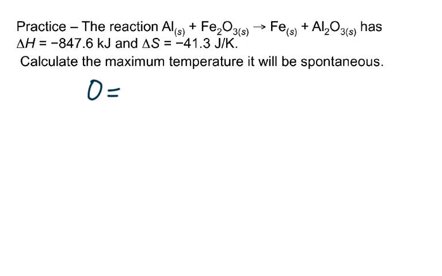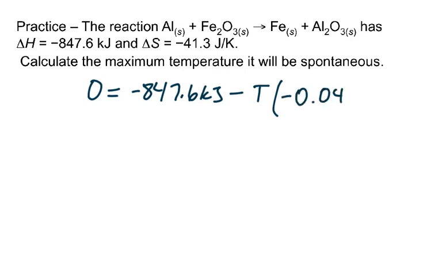And then overall, it will be spontaneous when it's just slightly less than whatever temperature I calculate. So 0 equals negative 847.6 kilojoules minus T, whatever that is, times my delta S, again, negative 0.0413 kilojoules per Kelvin.